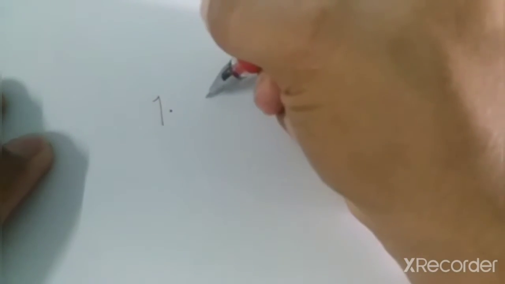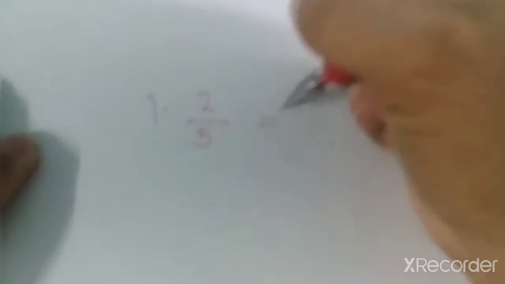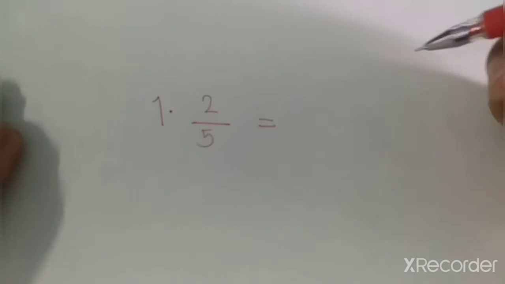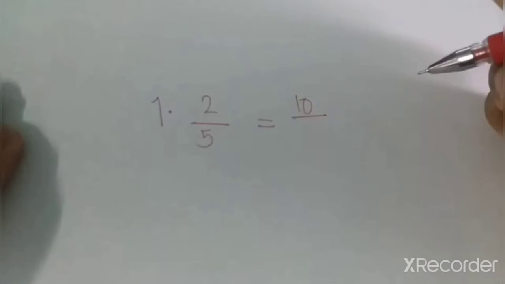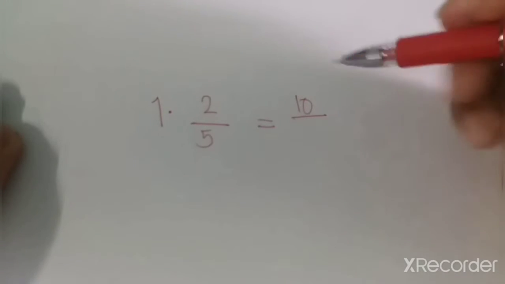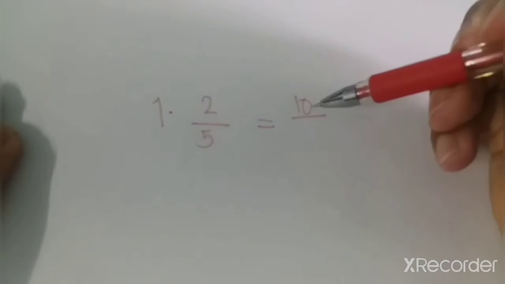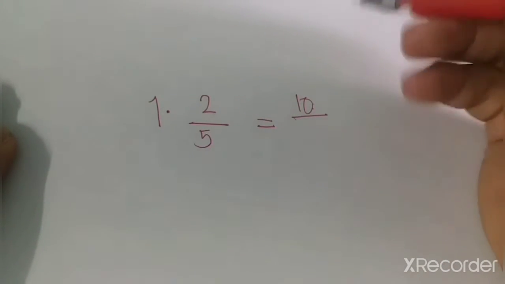Okay, so let's have first an example. Number 1, 2 over 5. This is in your worksheet. How are you going to look for the equivalent fraction of 2 over 5? Since the numerator is already given, you're just going to think, what number are you going to multiply by 2 to get 10? Or you can just divide 10 by 2.